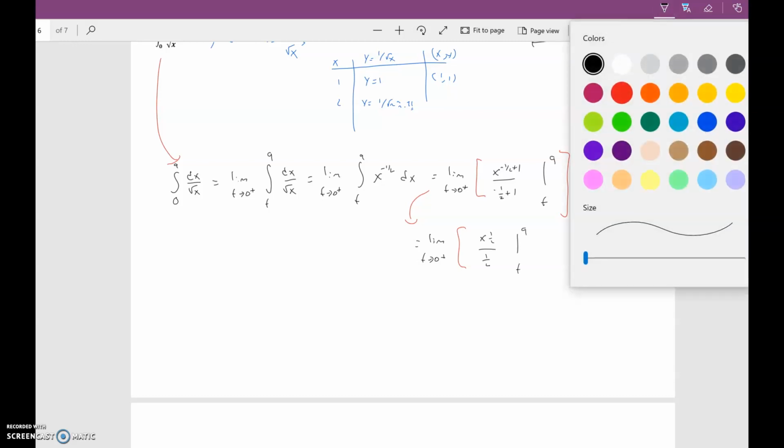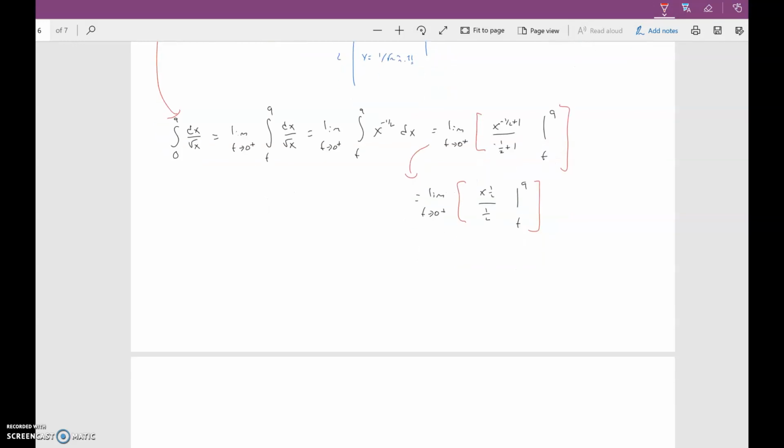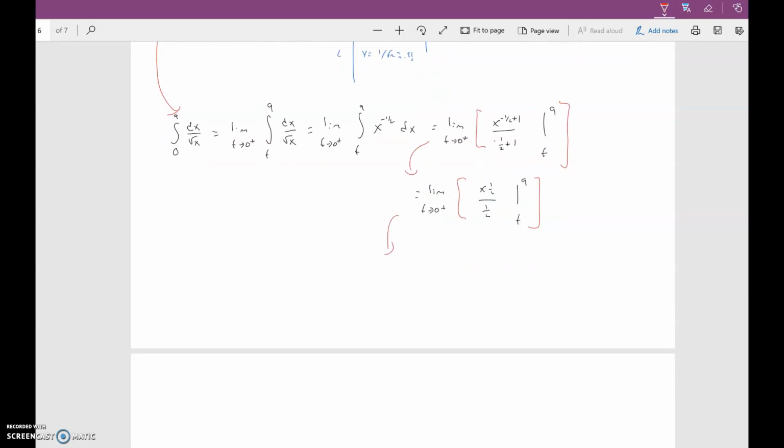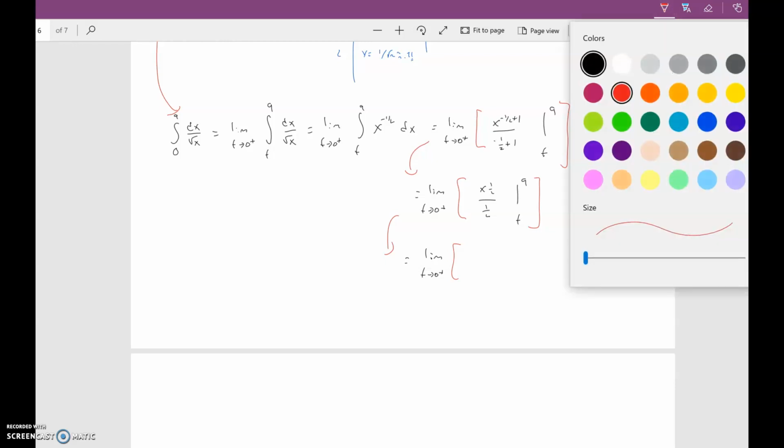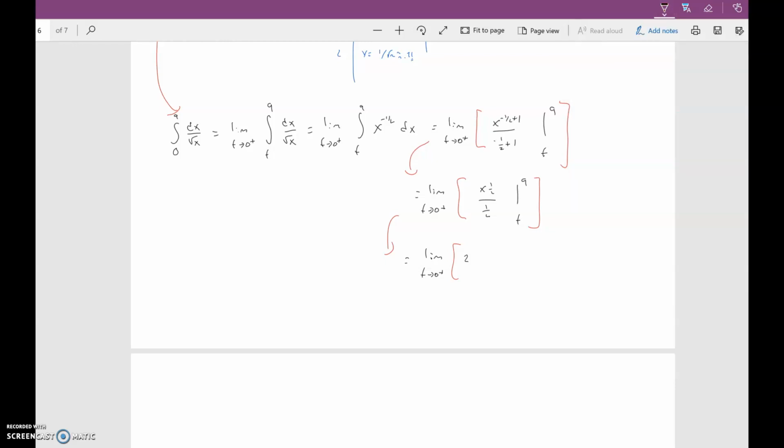But let me simplify it a little bit, one more step at least. So this is equivalent to the limit as t approaches 0 from the positives, and the integral will simplify to basically 2, if you invert and multiply. So this will be 2x to the 1/2 evaluated from t to 9.